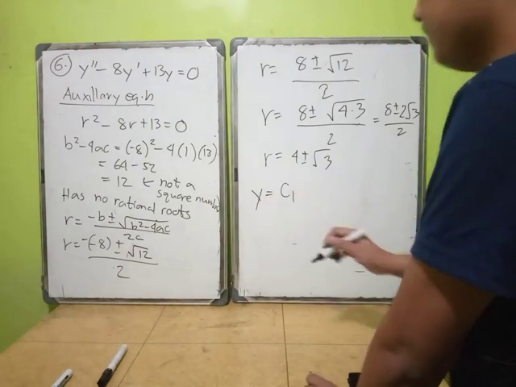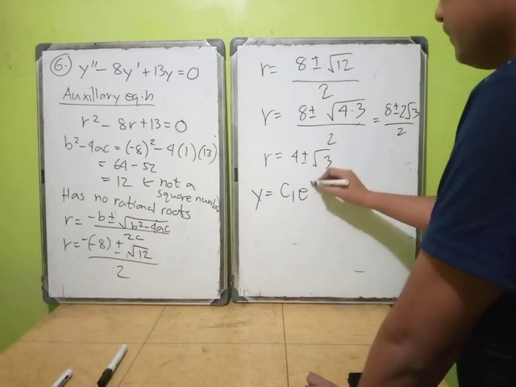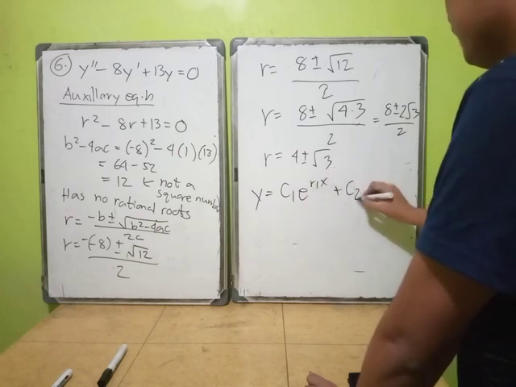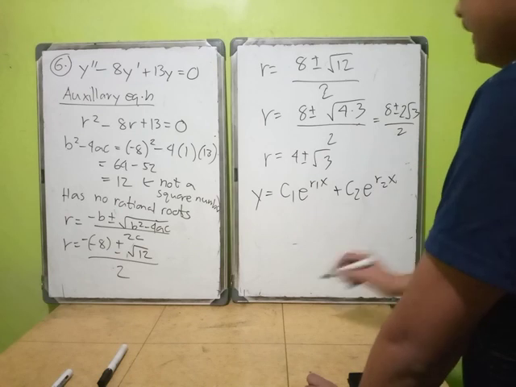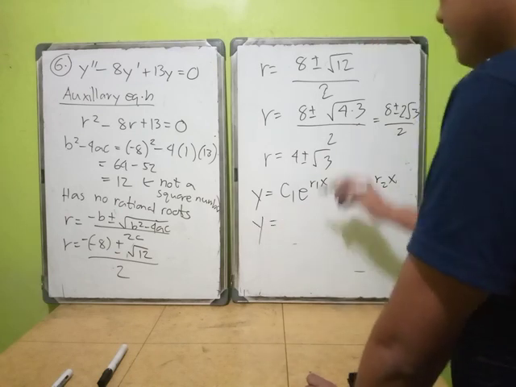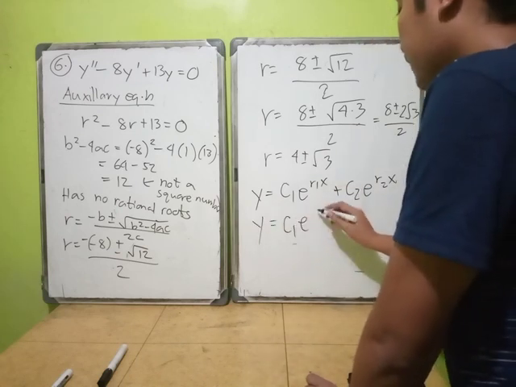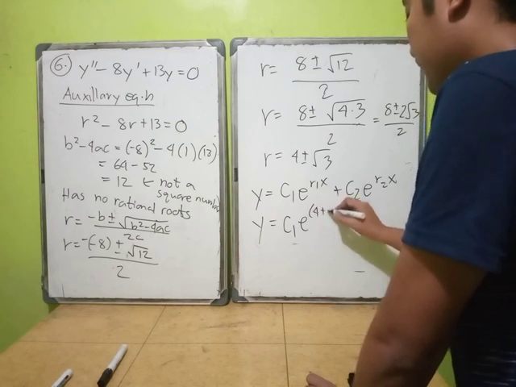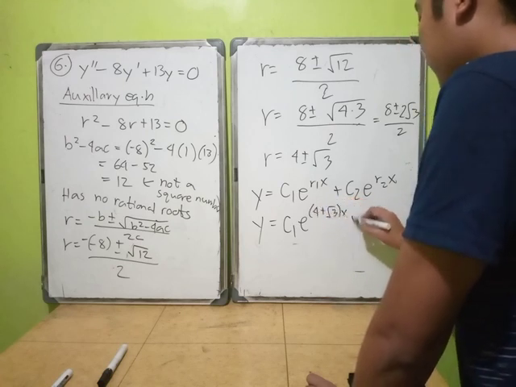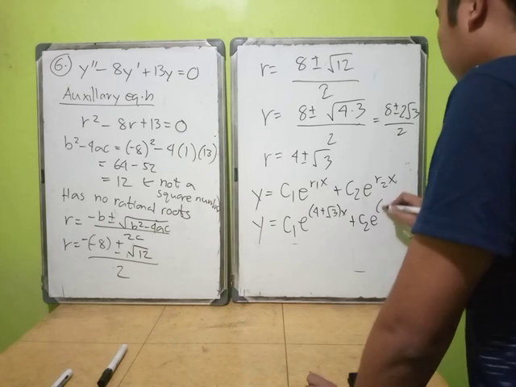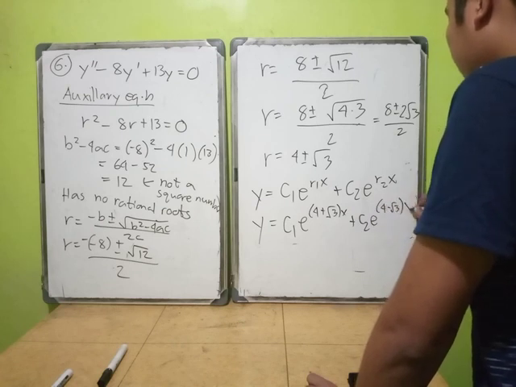Case 1 is y is equal to c1 e to the power of r sub 1 x plus c2 e to the power of r sub 2 x. So therefore, you will get c1 e to the (4 plus square root of 3)x plus c2 e to the (4 minus square root of 3)x.